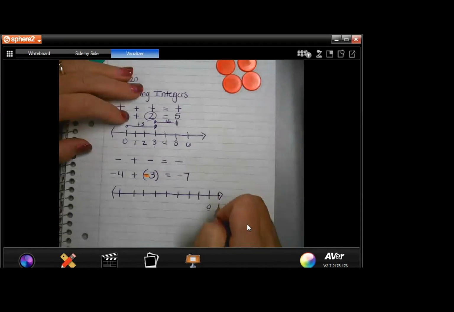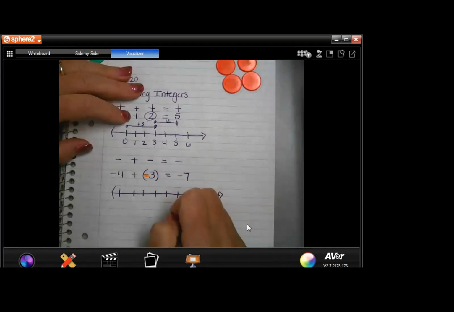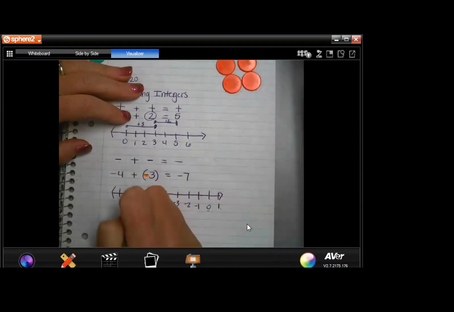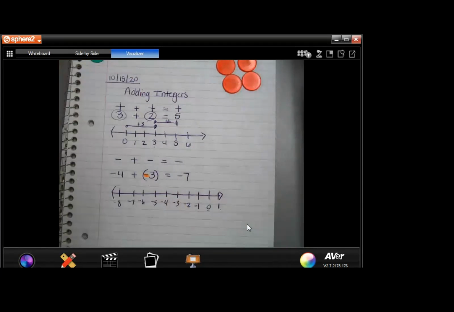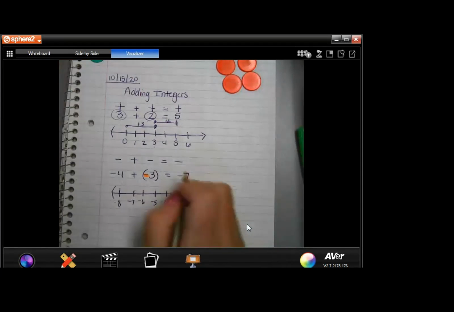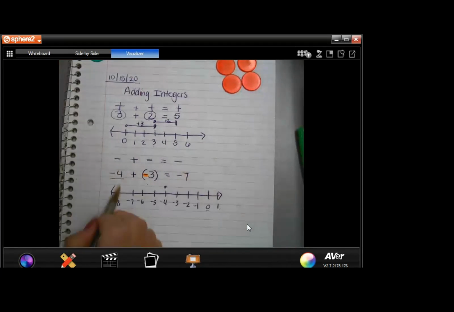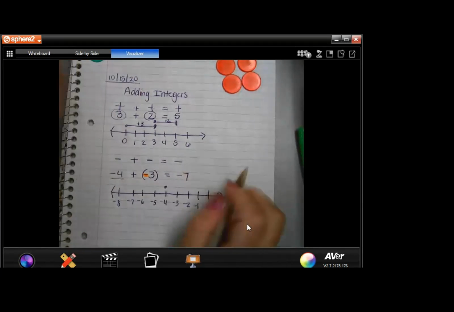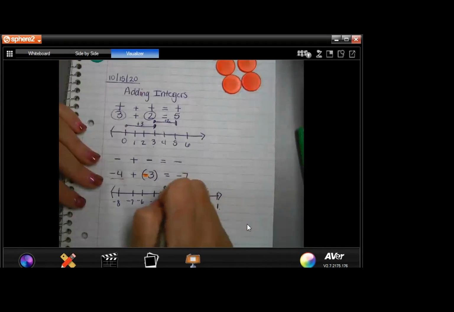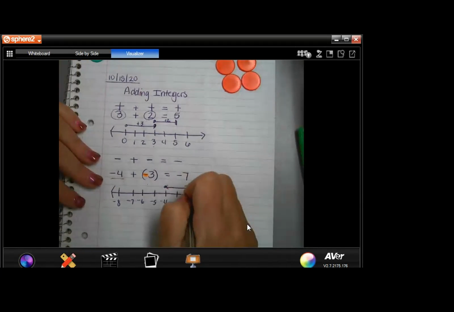So if this is +1, 1 unit below is -1. Okay, -2. And this is the order that a number line goes. Okay. So again, I personally like to start on my number line at the first number given, but really this is 0 plus -4, so it's right here. So that shows a -4.